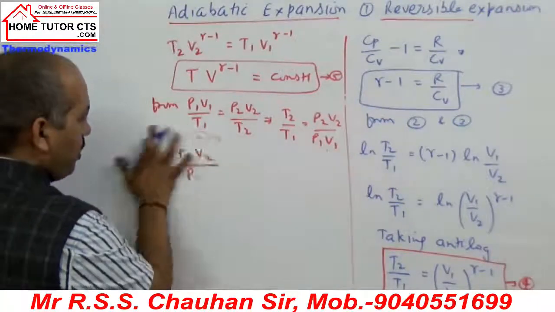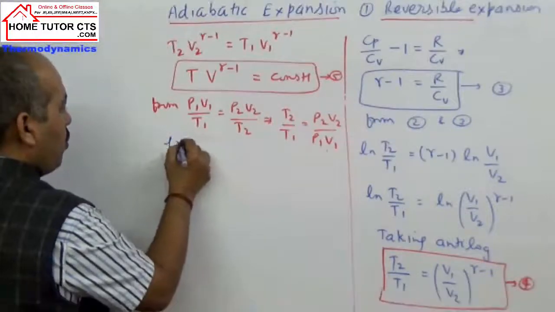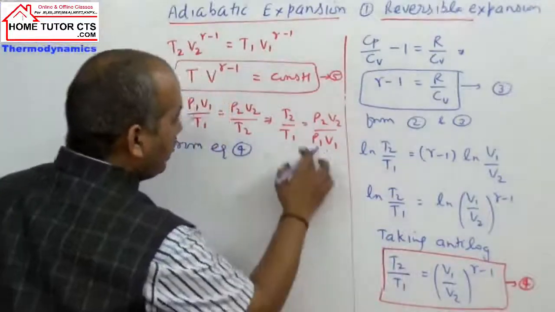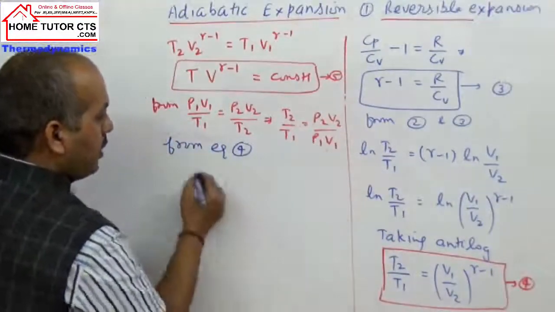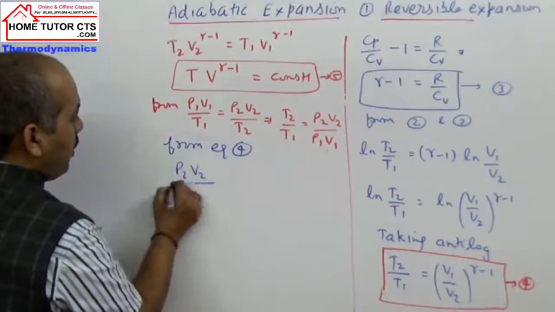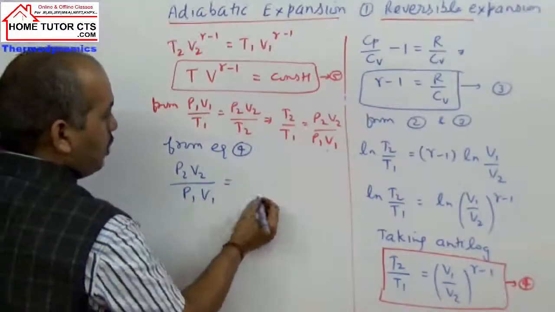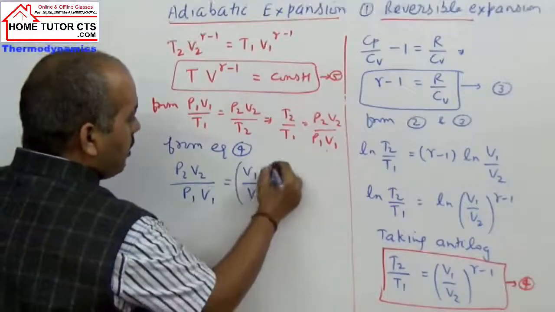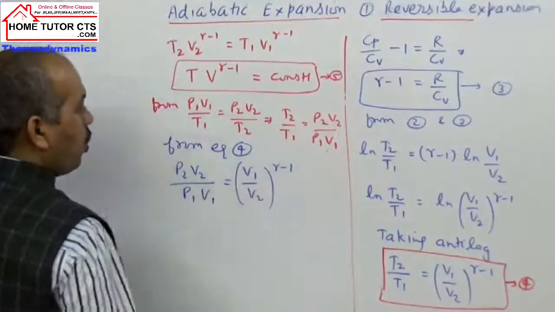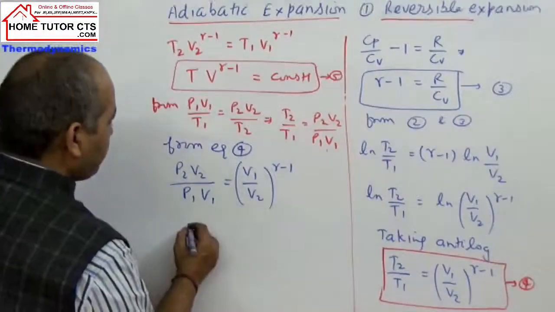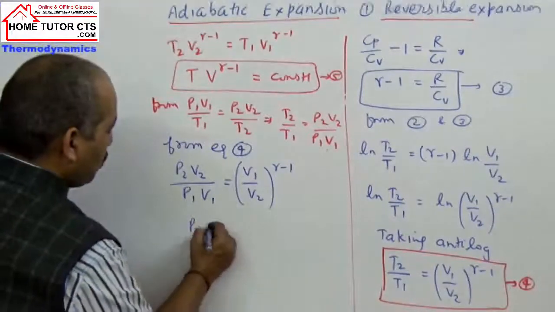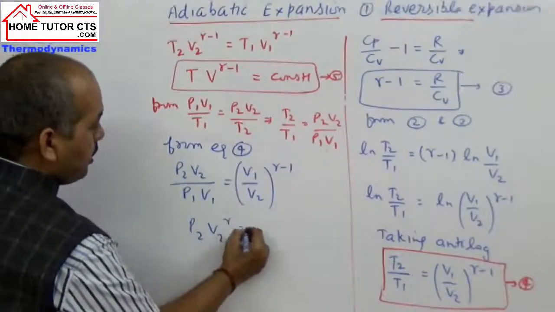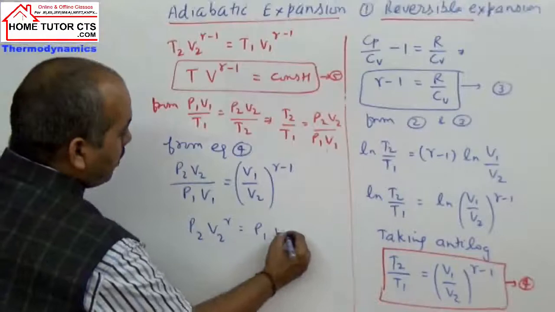From equation number 4, I can use the relation T2 by T1 is equal to P2 V2 by P1 V1. So P2 V2 by P1 V1 is equal to V1 by V2 power gamma minus 1, or I can write that P2 V2 power gamma minus 1 plus 1, meaning gamma, is equal to P1 V1 power gamma.